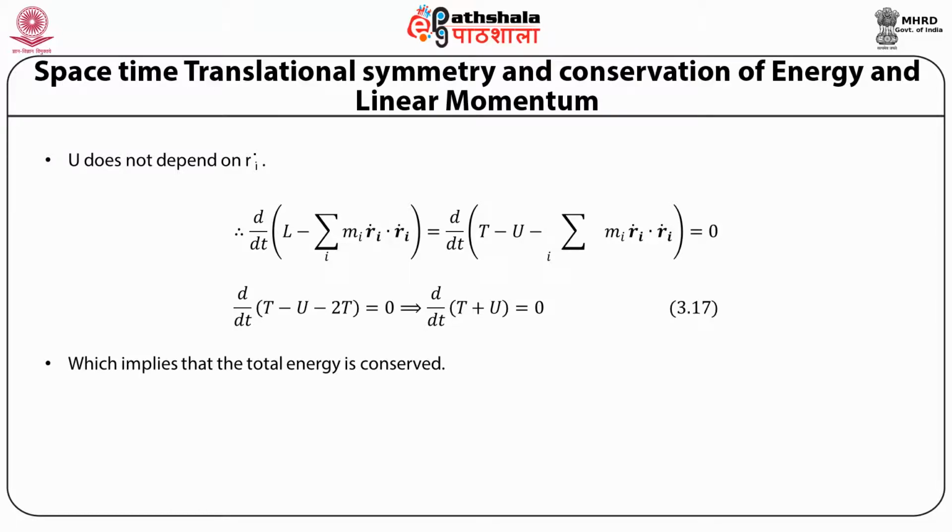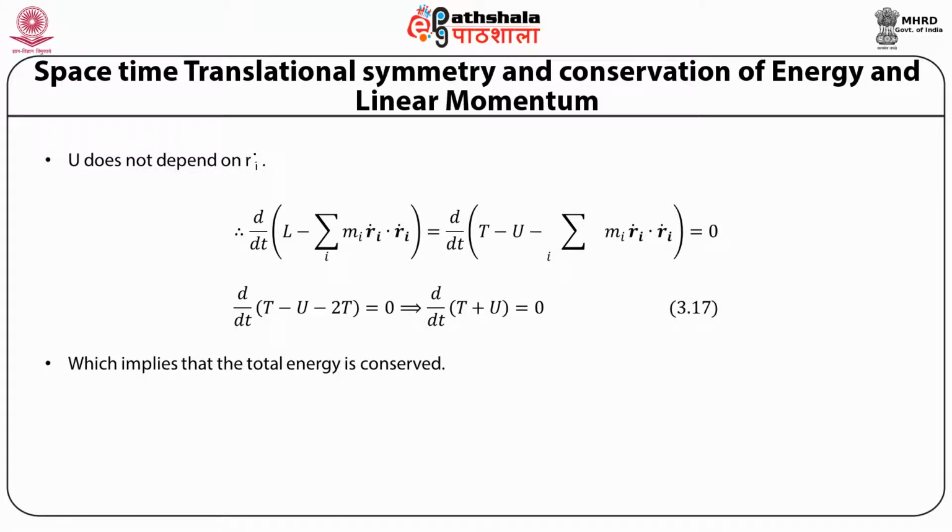Therefore, d/dt of L minus the sum of m_i ṙ_i ṙ_i can be written as d/dt of T minus U, minus the sum over i of m_i ṙ_i ṙ_i, which is equal to 2T. Therefore, you have d/dt of T minus U minus 2T is equal to 0, which implies d/dt of T plus U is equal to 0, which in turn implies that the total energy is conserved.